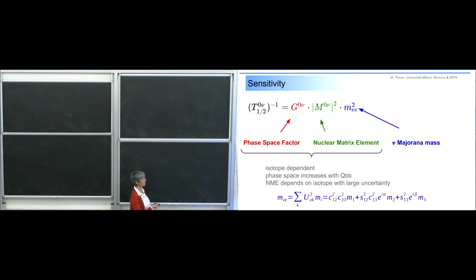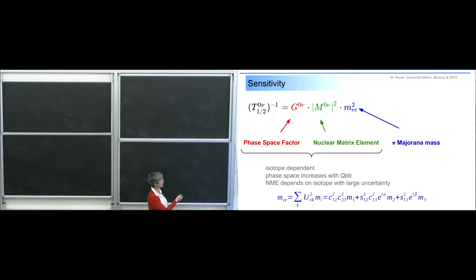So just take it, this is the parameter that is in what we call the beyond standard model physics, because it assumes that the neutrino is a Majorana particle. It's not exactly the mass of the neutrino, but is a way to evaluate masses, and we call it Majorana mass.